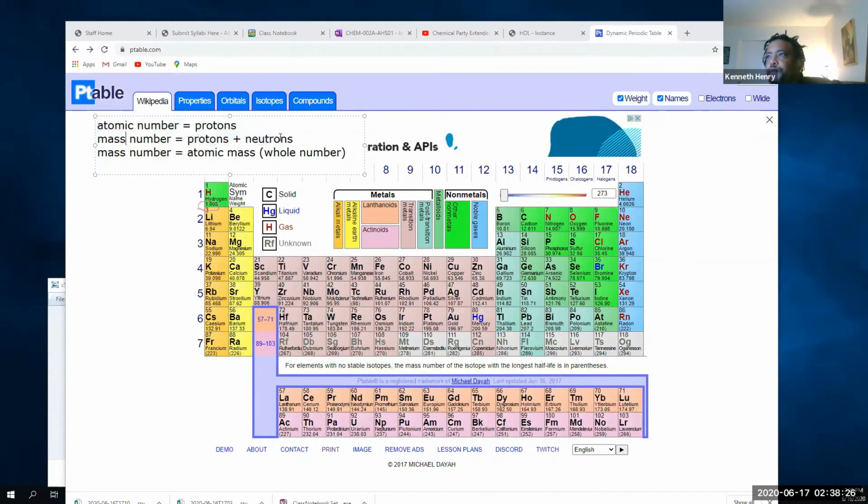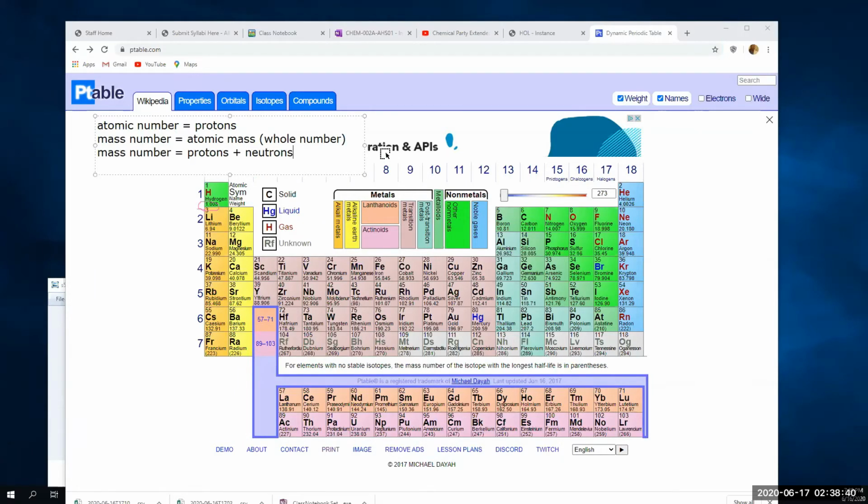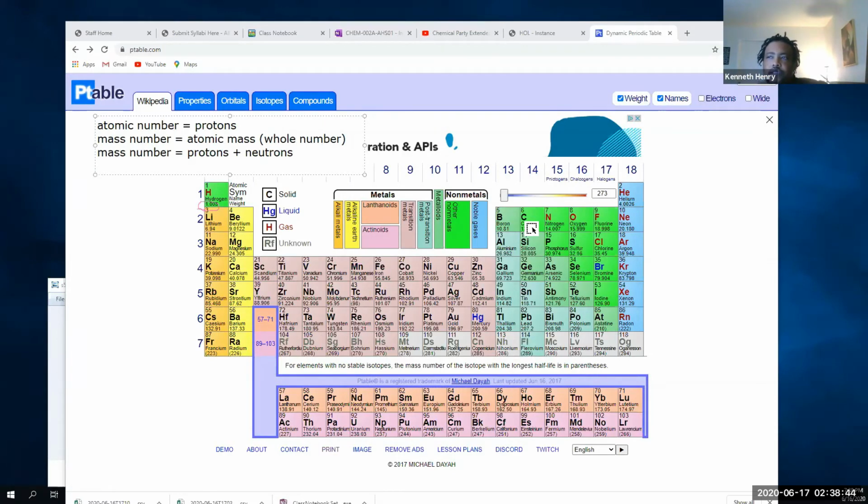Okay, so carbon. What is the atomic mass for carbon? 12. So what is the mass number for carbon? Is the atomic mass of carbon 12? Yes.